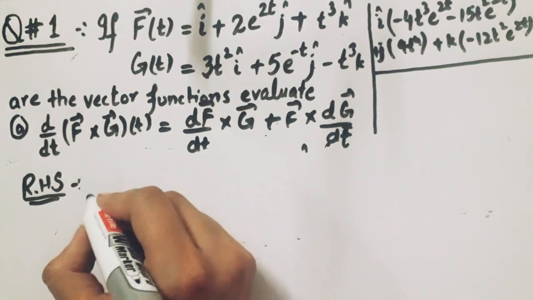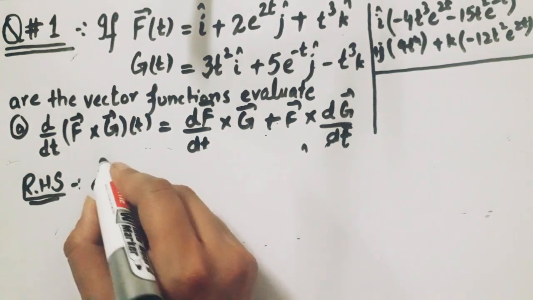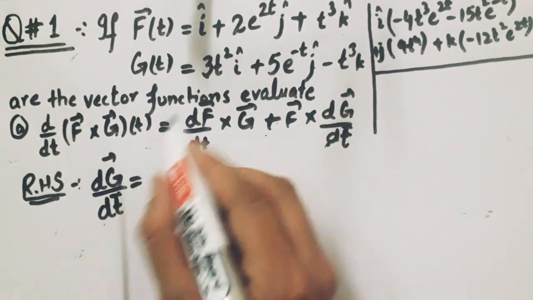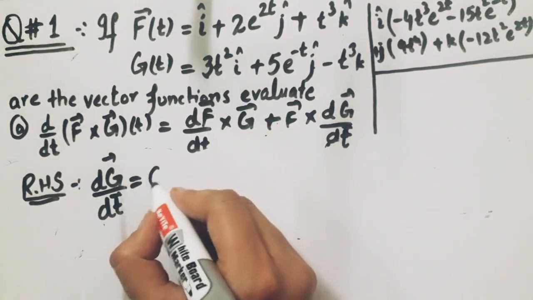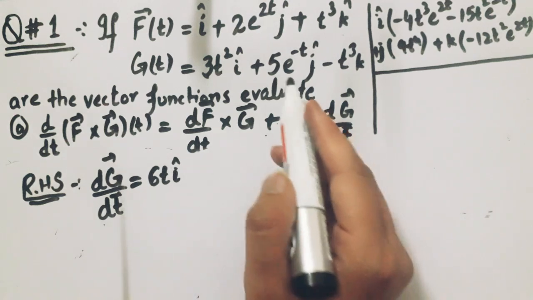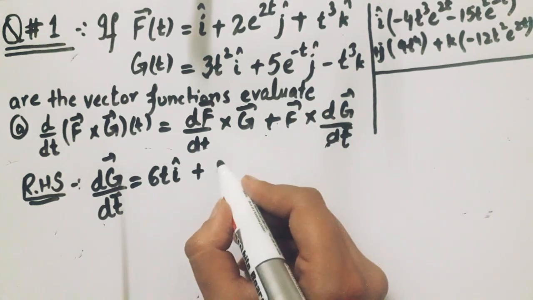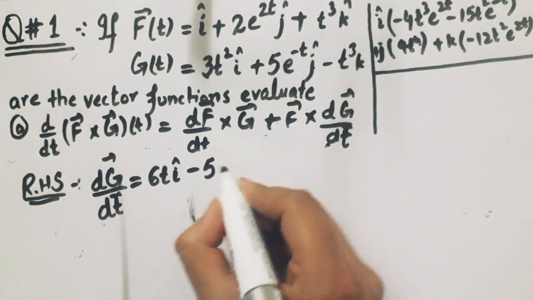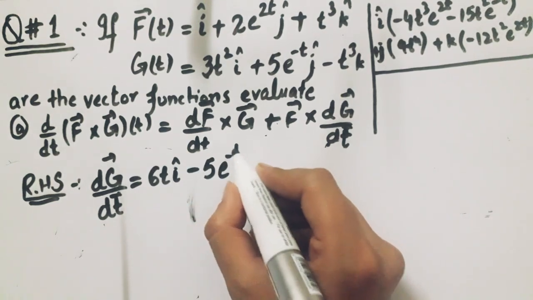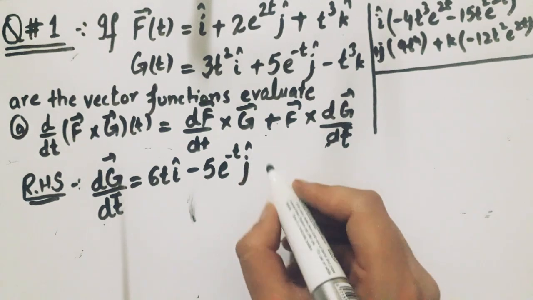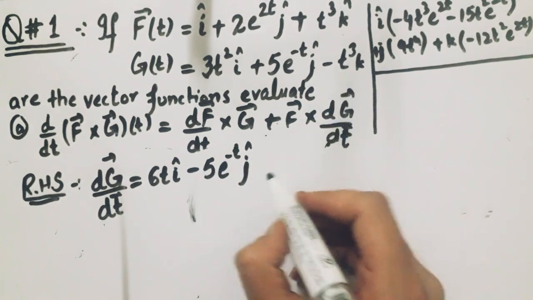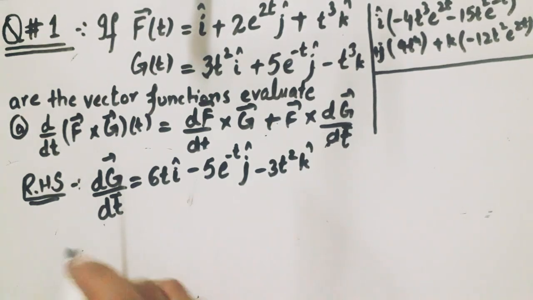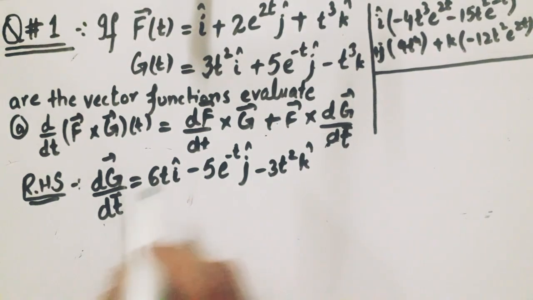So dg by dt of 3t square will be equal to 6t i unit vector plus 5, it will become minus 5 e raised to power minus t j and minus 3t square k. Now take the cross product with f.